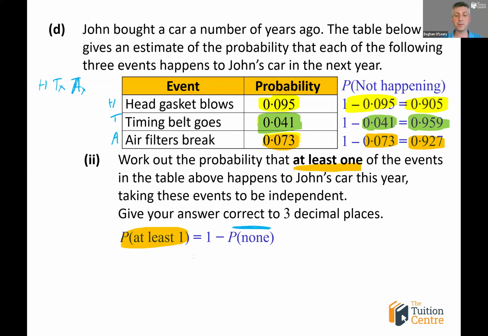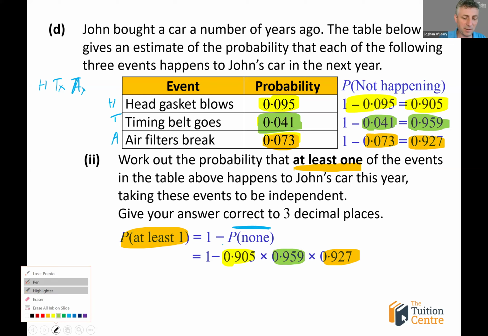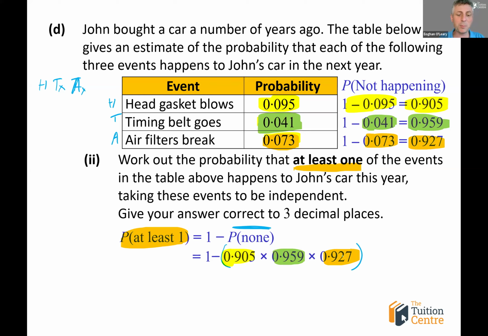1 minus the probability that none of them happens. Well, the probability that none of them happens is, to go by my color coding here again, the yellow times the green times the orange. I know we don't fully need it, but if we put in the brackets there, the probability that none of them happens is 0.804538.